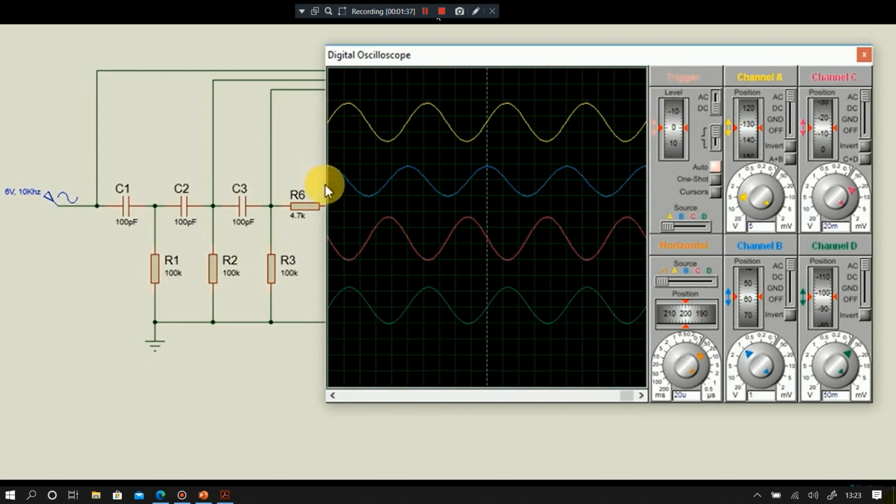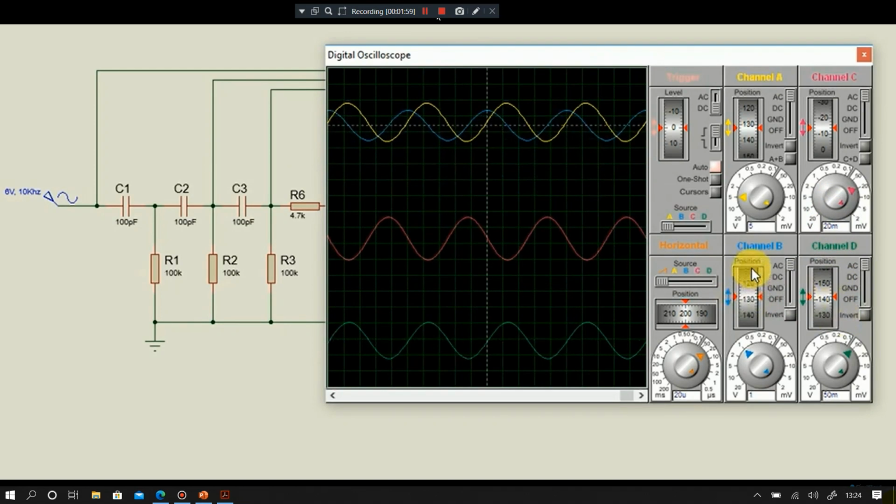Those are 60 degrees, 60 plus 60, and 60 plus 60 plus 60, which is a 180-degree phase shift. There is a phase shift in the red color compared to the yellow color, and there is no change in the green color. See, if you observe here, there is no phase change. Let us see the blue color.